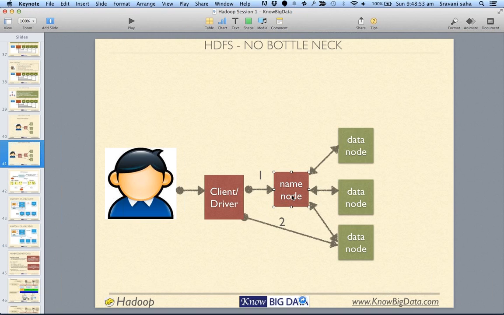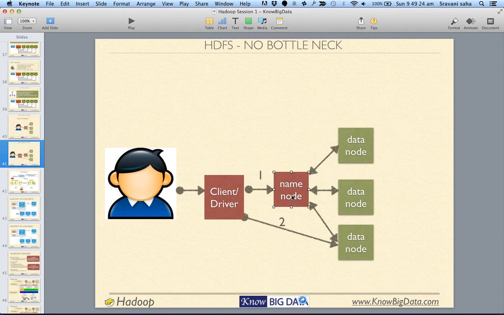And then you start talking directly to the data node. When I say you, I mean the client library you are using. A client may be a command line, maybe a Unix command, or any other command which represents you to read the data. That client is going to directly talk to data node and start reading, and for this the data doesn't have to come through name node.